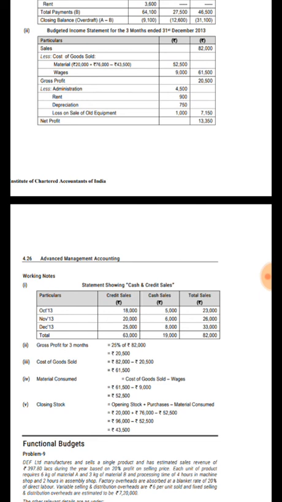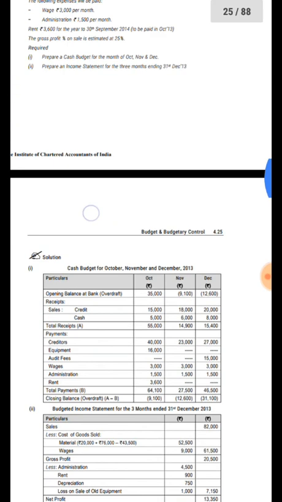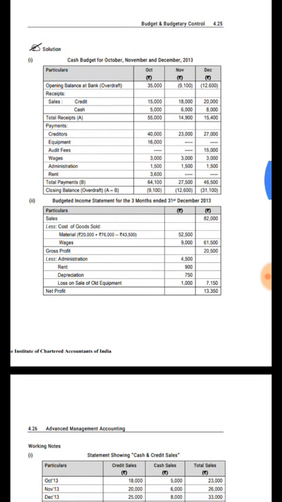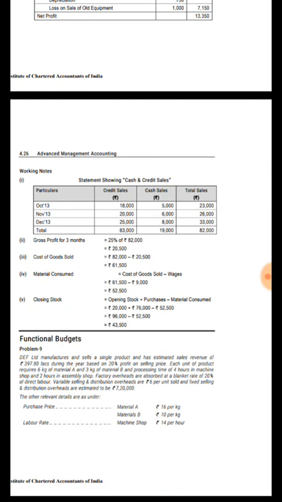In that, material cost is also included, wages cost is also included. So wages cost, if you reduce, you will get cost of material consumed. So 61,500. How much is wages? 3,000 per month. So for 3 months 9,000.